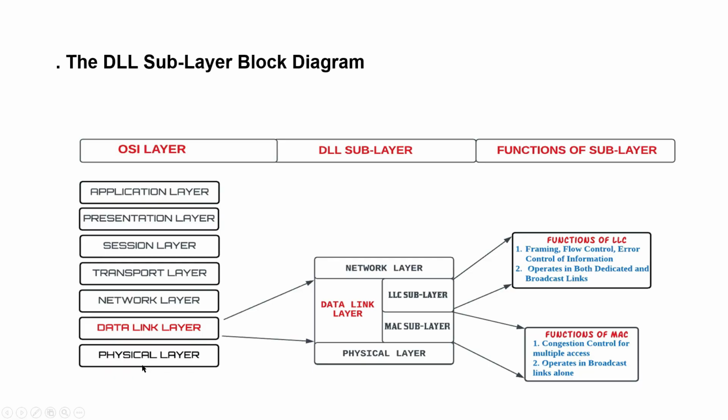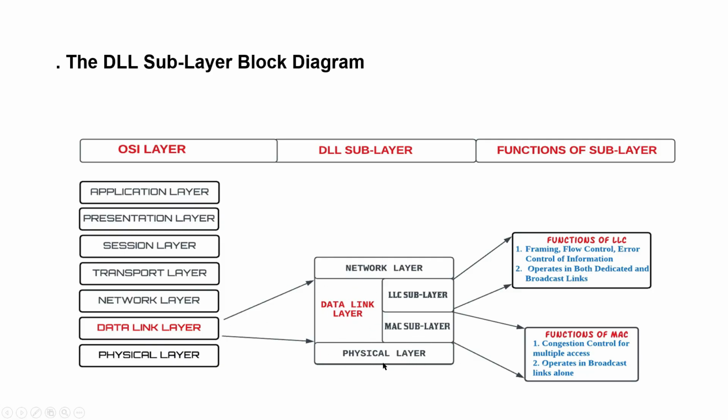Once again I will repeat: physical layer, data link layer, network layer, transport layer, session layer, presentation layer, application layer. After that, the sublayers connect within the data link layer, the second layer. The data link layer connects to the network layer above, and the LLC sublayer and MAC sublayer connect to the physical layer below.